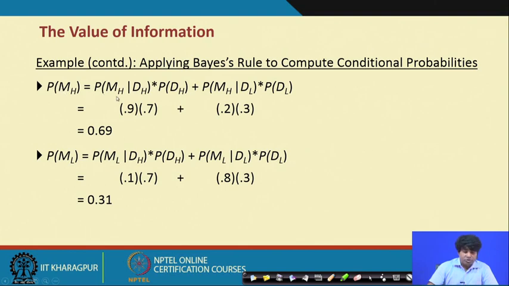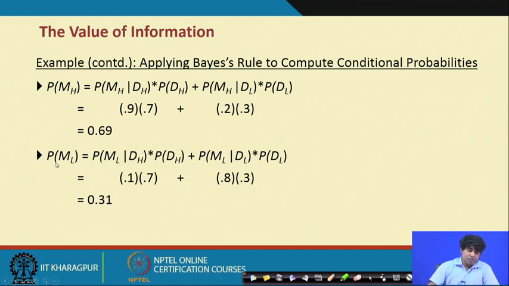So, which is nothing but the high market with high demand multiplied by the probability of high demand. Similarly, the probability of a high market with low demand multiplied by the probability of low demand. So, this is coming altogether 0.9.